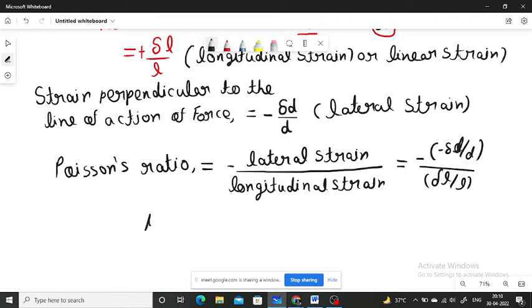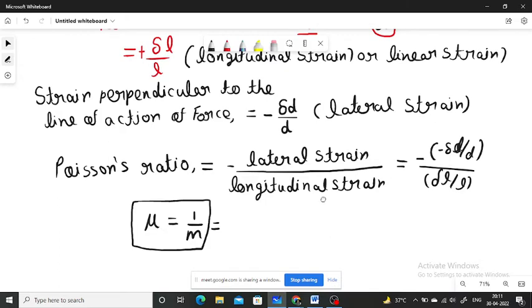Poisson's ratio is denoted by the mu, or 1 by m. This is equal to this value, minus lateral strain upon longitudinal strain. Poisson's ratio is dimensionless.